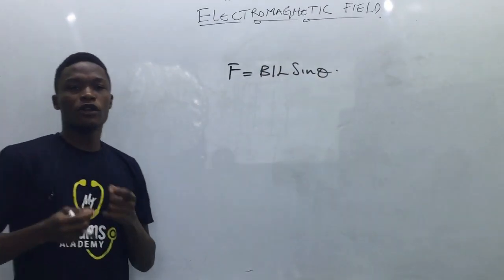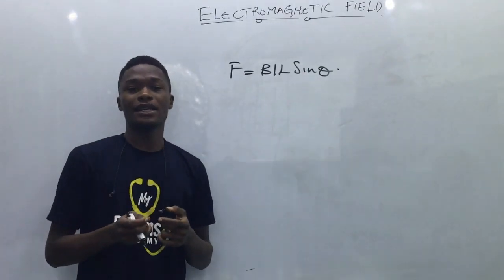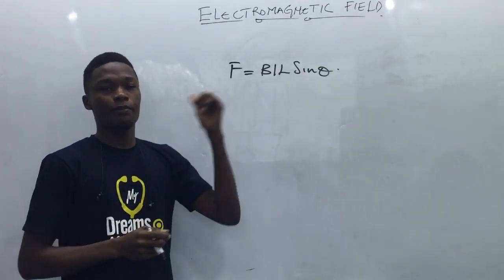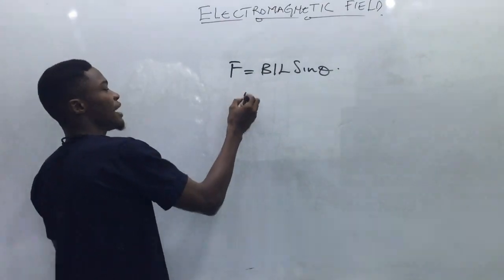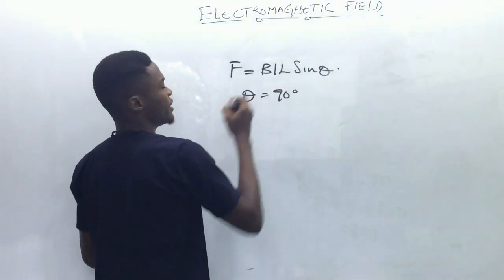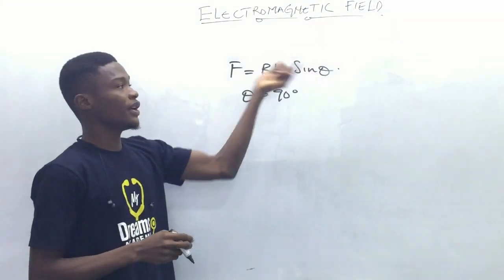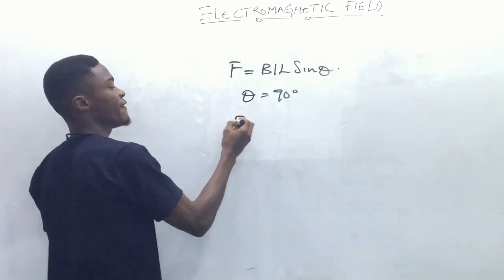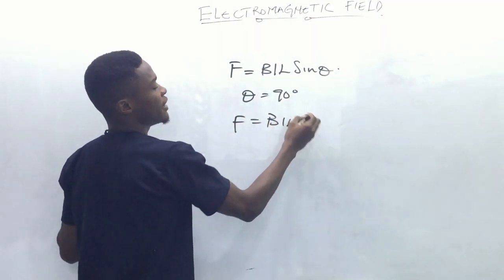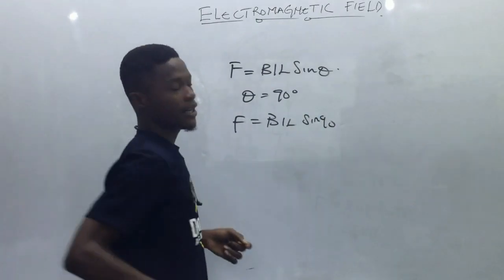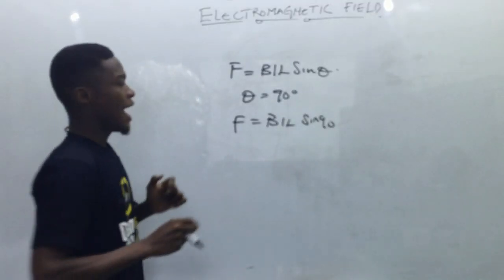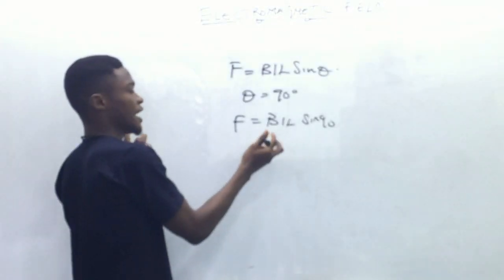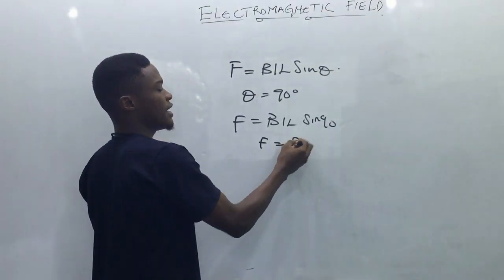Now we are going to be looking at when it is maximum and when it is minimum. From what we did previously, let's assume that theta is equal to 90 degrees. Then the equation changes to F equals BIL sine 90. The value of sine 90 is 1, so F equals BIL.